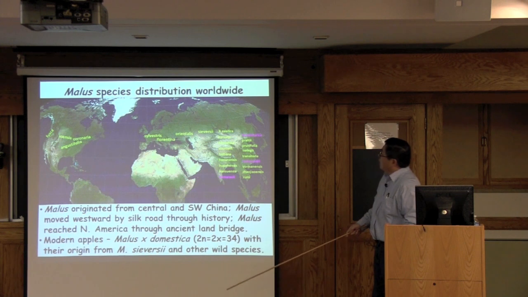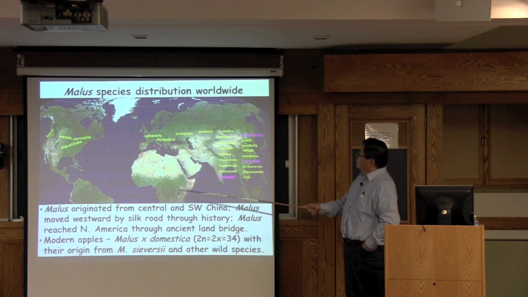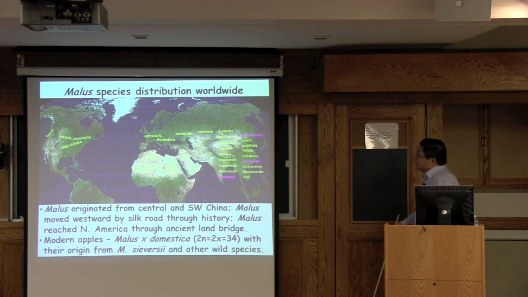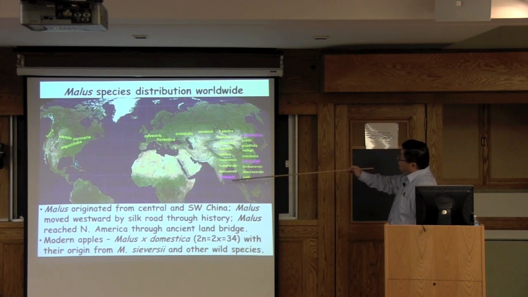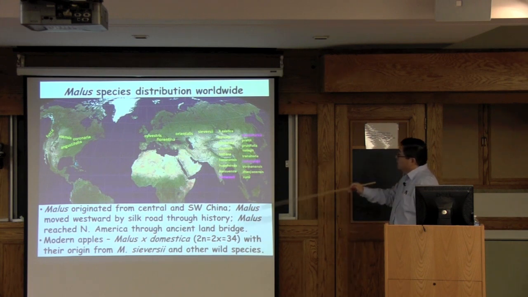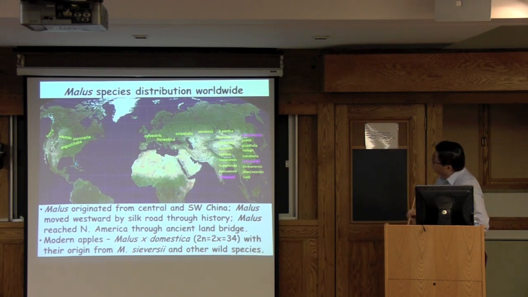There are two wild Malus species in Central Asia, Malus orientalis and Malus sieversii. In Asia, mostly in China, and also some in Japan and other places, there are probably close to 40 to 50 different species and hybrid species.